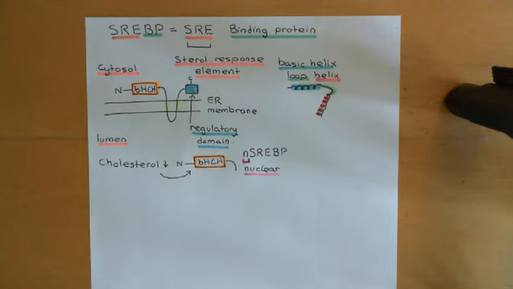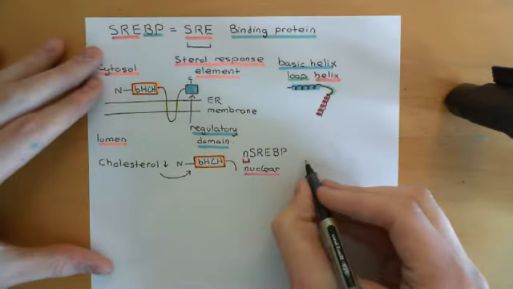And that dimer of these two N-SREBP proteins is then going to bind to the sterol response element, which is this sequence of DNA that is found in the gene control regions upstream of many genes, and which will promote or repress the gene expression of the downstream genes. So it will change gene expression basically.